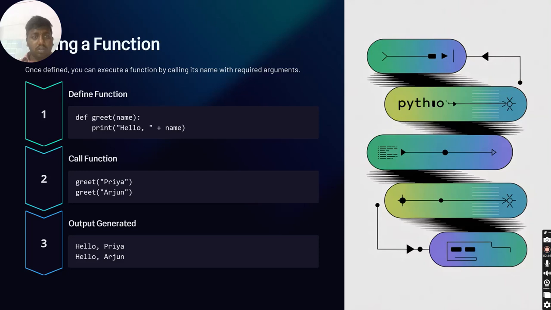So let us see what a function call looks like. Here we are calling the same function which we have seen before with two values: greet of Priya and greet of Arjun.